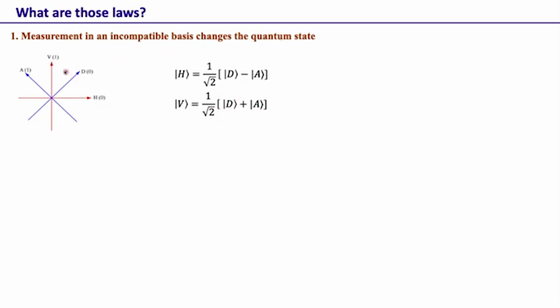If the state was prepared as either vertically polarized or horizontally polarized, and we make a measurement in the diagonal anti-diagonal basis, we have 50% chance of seeing it as diagonal and 50% chance of seeing it as anti-diagonal. While if we look at it in the horizontal-vertical basis, then if the state was horizontal, we would definitely see horizontal, and if the state was prepared vertical, we would definitely see vertical.